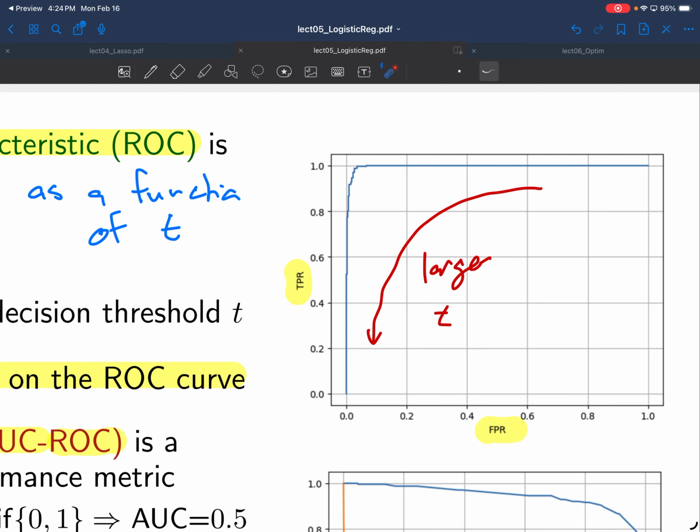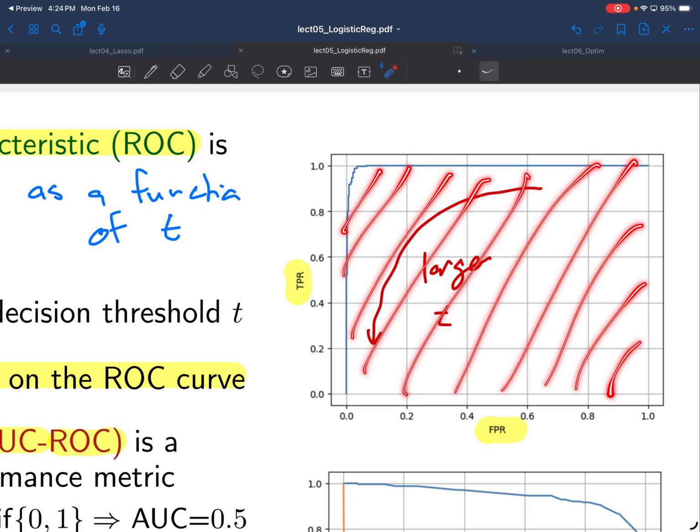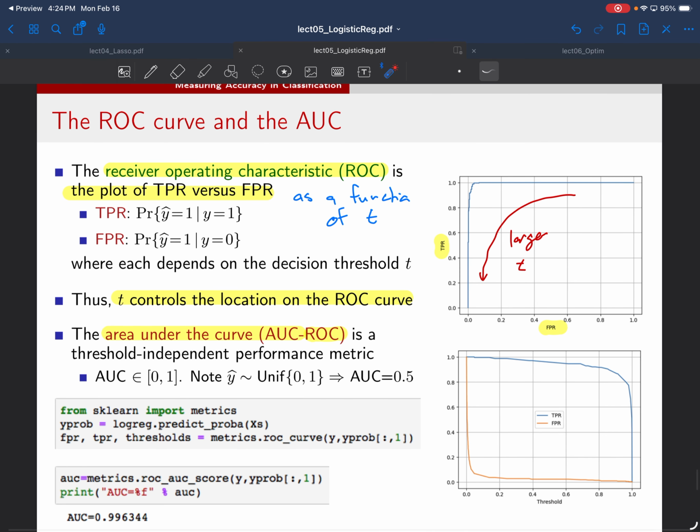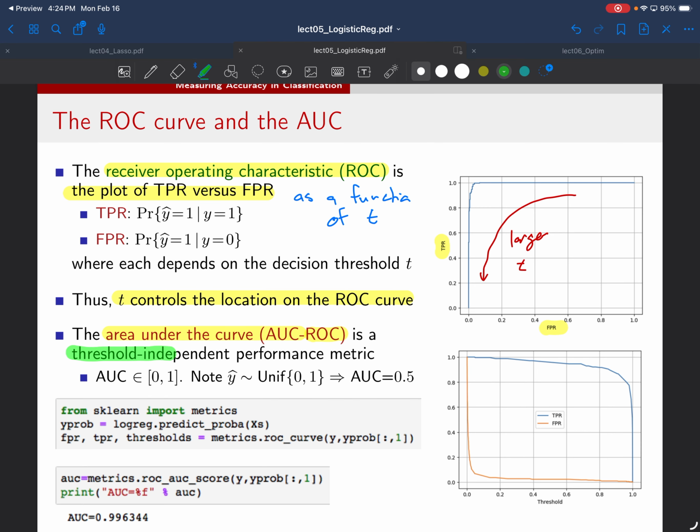And so the AUC is just sort of an overall measure of how well the system works over all different t, all different possible thresholds. Okay, so this is a threshold independent metric, which is nice because it doesn't require you to choose a threshold in order to talk about how well you're doing.